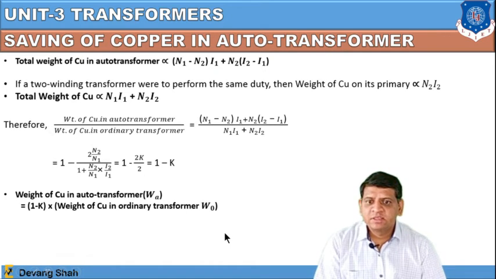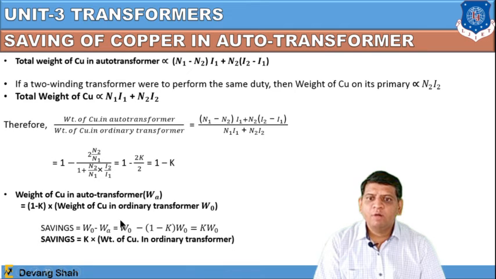So the saving of copper in an auto transformer is nothing but WO minus WA, that is, the weight of copper of an ordinary transformer minus the weight of copper of an auto transformer. So that is WO minus (1 minus K) WO, which you find from the above equation.